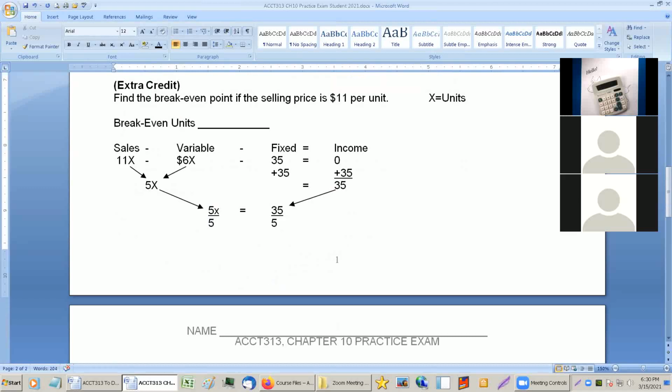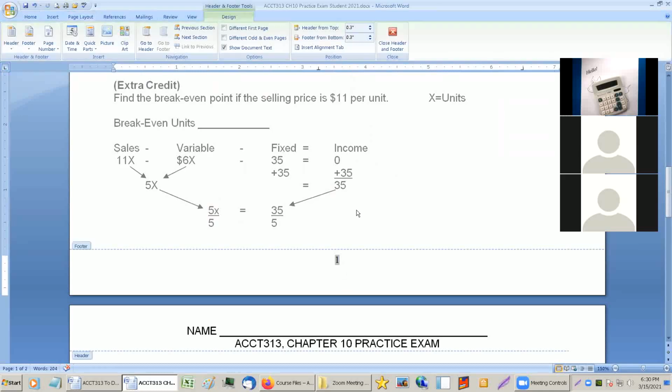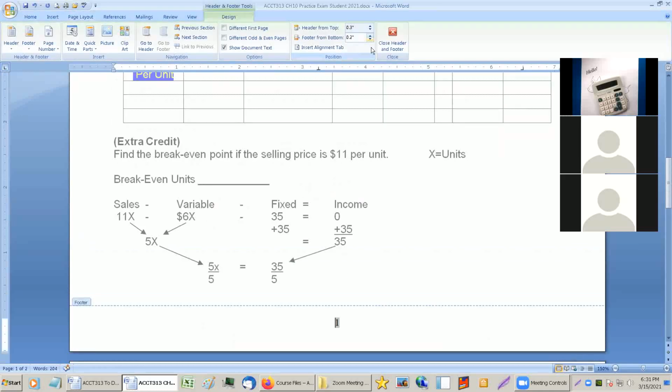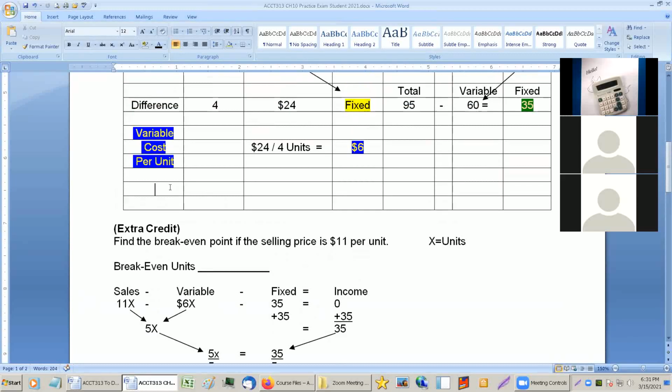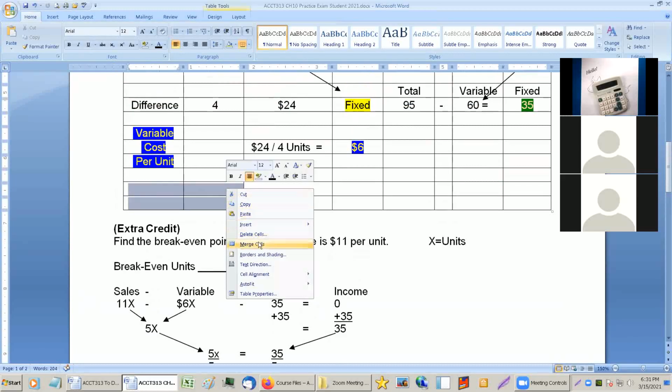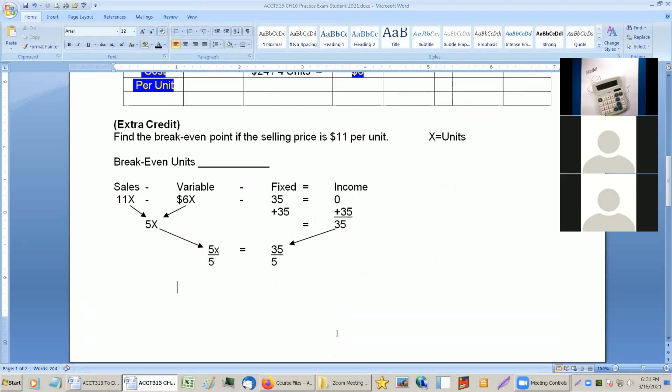Oops, something's wrong here. There should be another space at least in there. All right, so 5X, or X equals, I should say, five, and that X is our units, so this is 5 units.